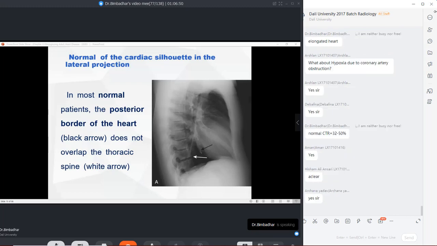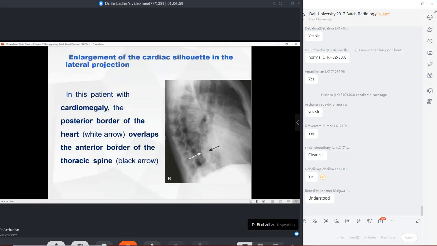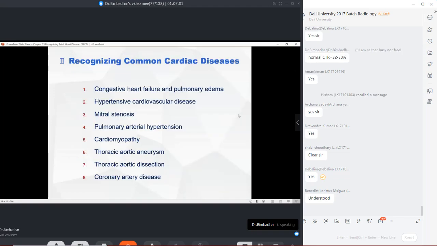Okay. Now, what are the common conditions that actually cause, recognizing some of the cardiac diseases? I think we will just take a break here, and then we'll come back once again to do each of all the cardiac diseases.